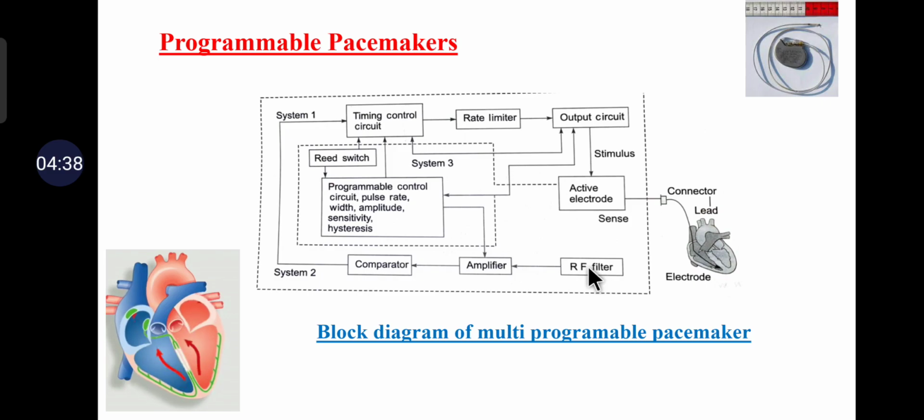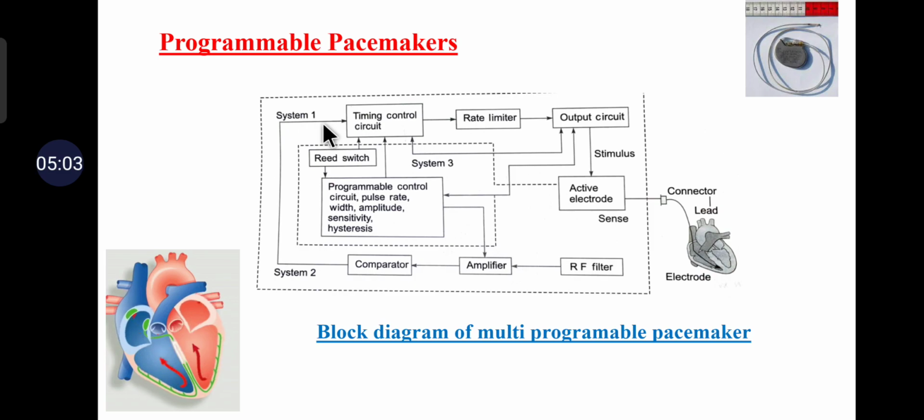The signal is then selectively amplified by an amount determined by the programmed sensitivity level, and the resultant signal is compared with the preset level of the comparator. Signals of either polarity with magnitude greater than the preset level enable an input signal that is fed into system 1. Okay, and the signals below the preset level are ignored.